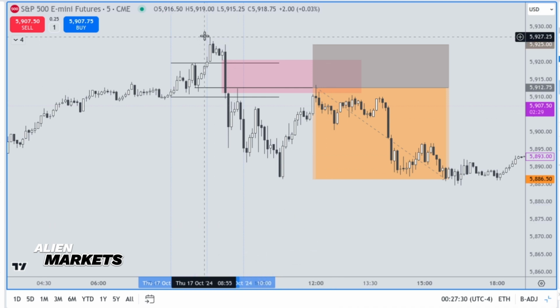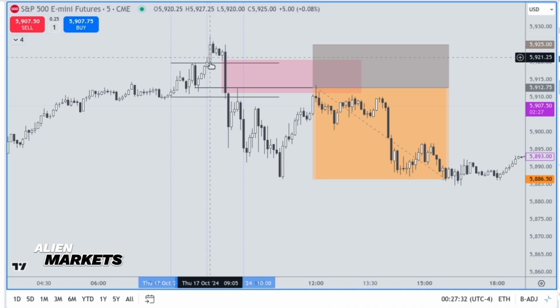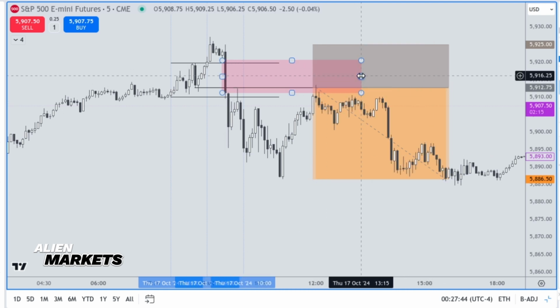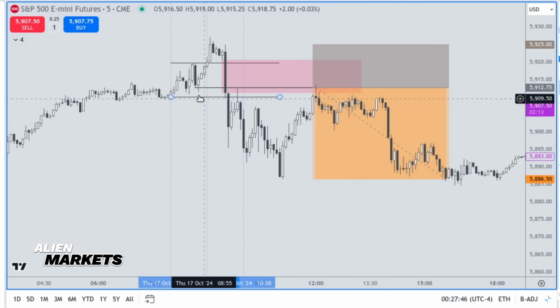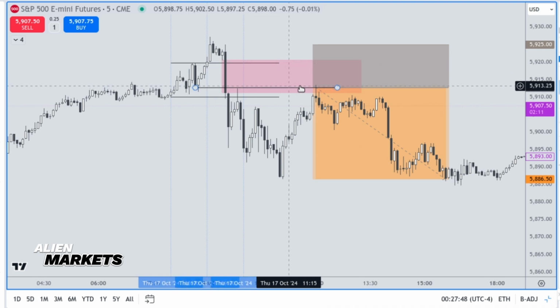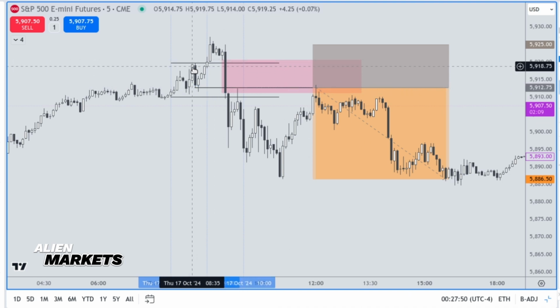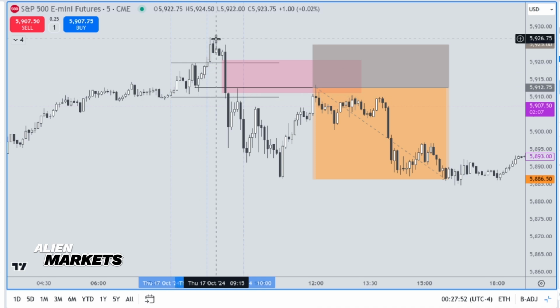So if it is an injection of volatility, you have displacement. And if you have a displacement, you always will have a retracement. This is an ICT 2022 model, or a breaker model, because we have a high, a low, a higher high, a lower low. So this is a breaker.